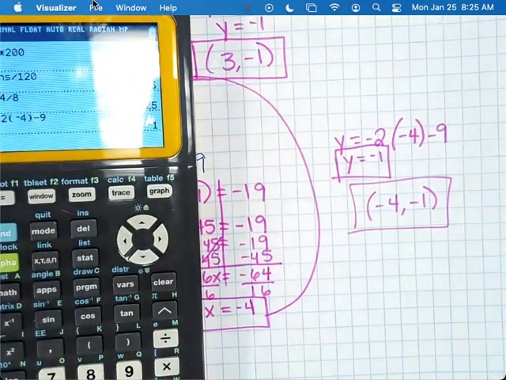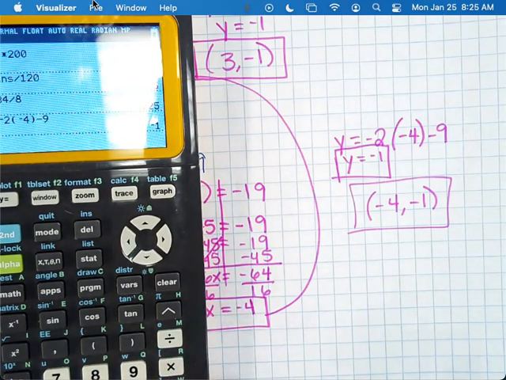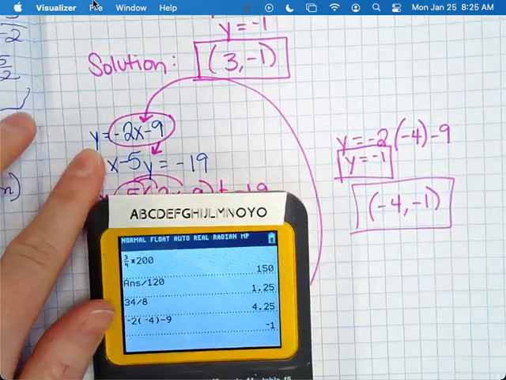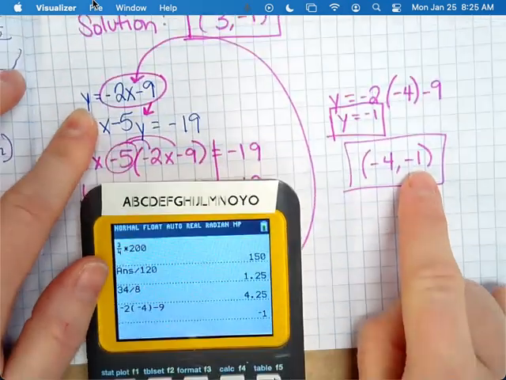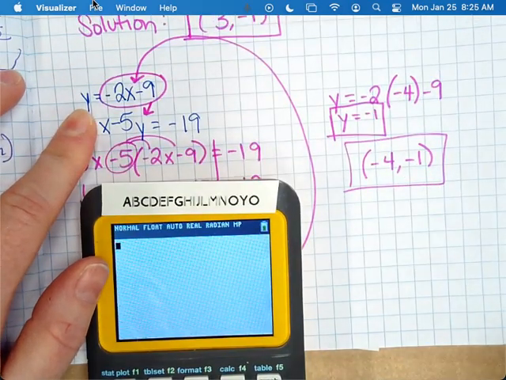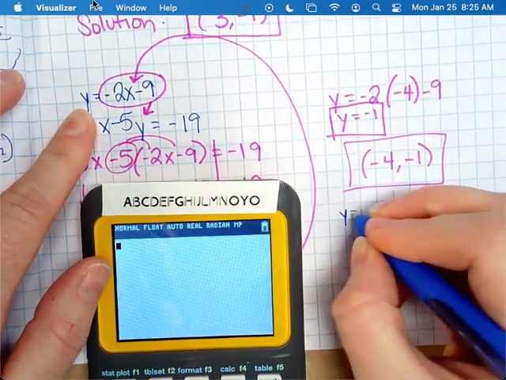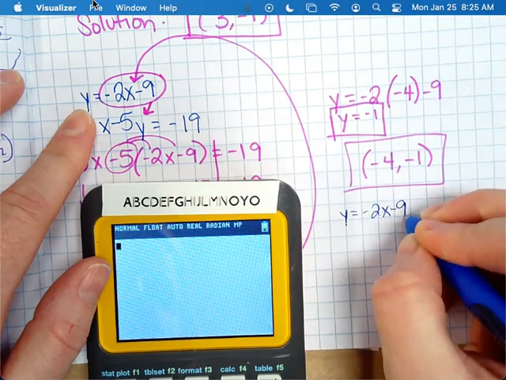This time we are going to check it. So y is -1, so I'm going to clear this out. If I plug it into the first one, you don't have to write it down, you can just plug it in.